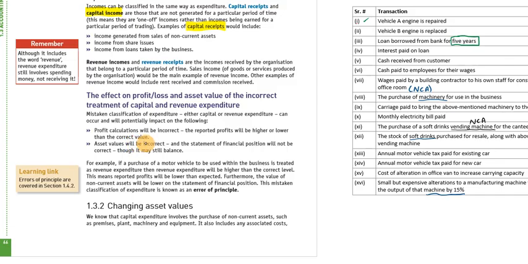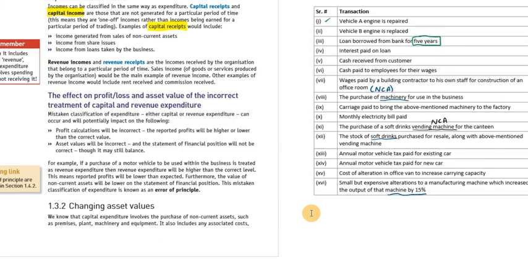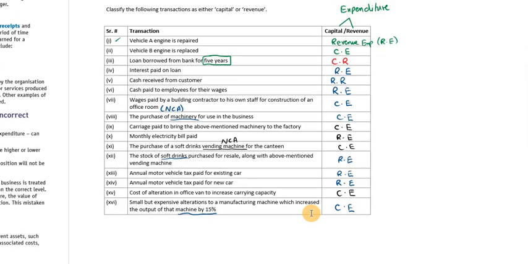If we fail to record, for example like this one, erroneously we considered that this transaction is revenue expenditure.